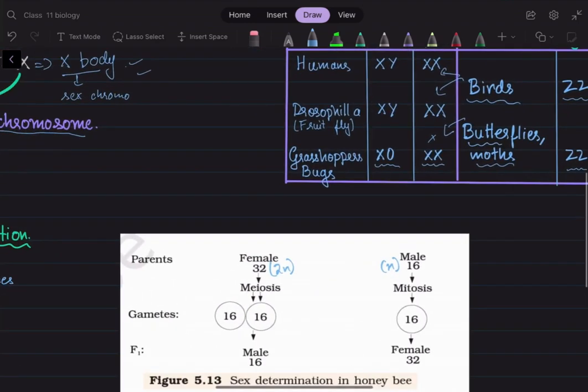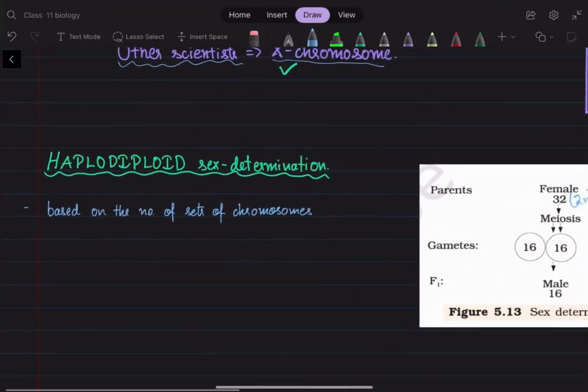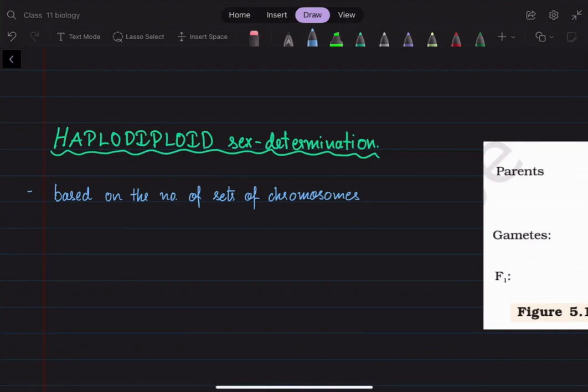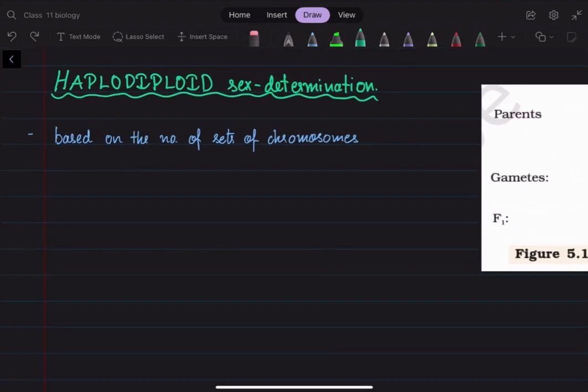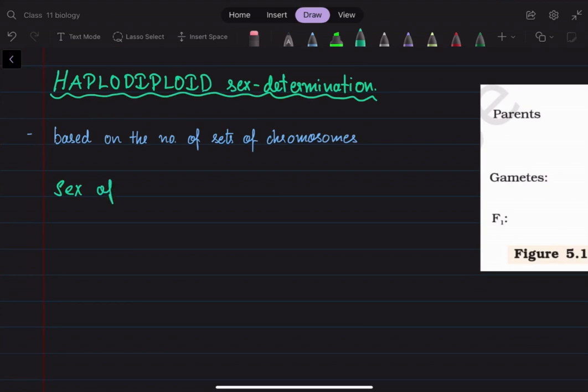Coming to another interesting system of sex determination, that is the haplodiploid sex determination. This sex determination is basically based on the fact that the sex of the bees is determined by the number of sets of chromosomes that you have.